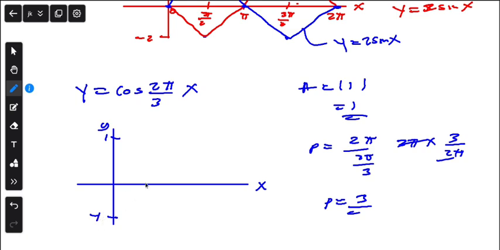So from here, to break this into 4 parts as 3, this one is going to be 2, this one is going to be 1, this one is going to be 0, and this one is going to be negative 1. So it is getting to negative 1. Why? Because we know that here we need to have 4 intervals like this one here. We have 1, 2, 3, 4.